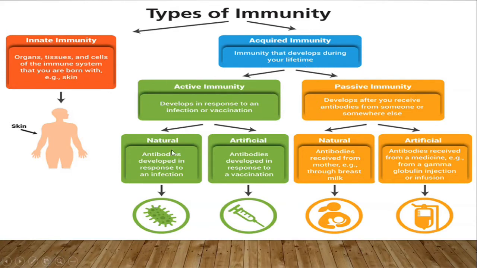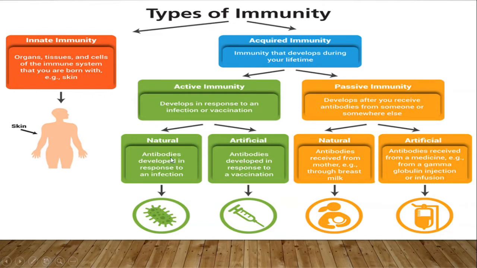Acquired immunity is also divided into two: active immunity and passive immunity. Active immunity develops in response to an infection or vaccination. When a person is exposed to an infection, such as a viral or bacterial disease, he or she may develop active immunity.